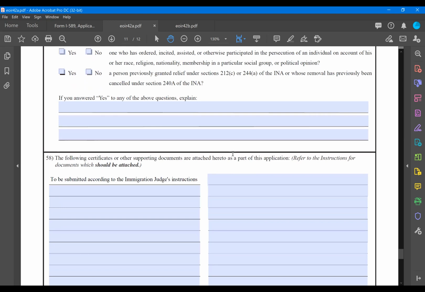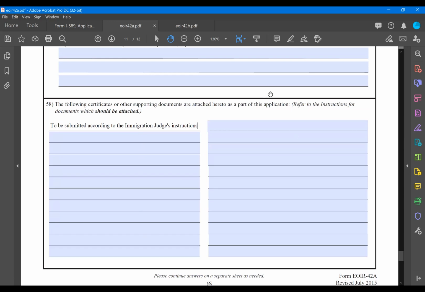We're going to submit a bunch of evidence, but typically we more or less wait for the judge to say, this is the call-up date, this is when we need all of your evidence, submit it then. So as a general rule, instead of listing it all out here, because we're going to submit way more evidence than we can list, we just say this will be submitted according to the immigration judge's instructions, and we leave it at that.